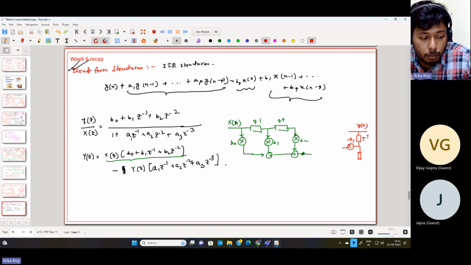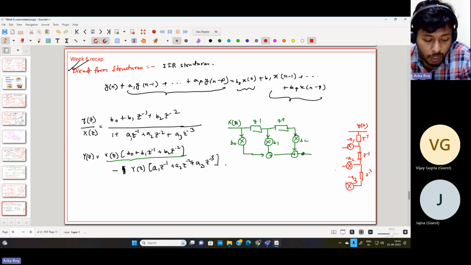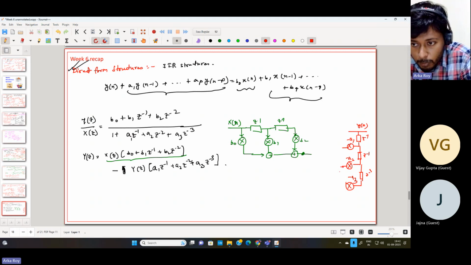Again it would be z to the power minus 1 and multiplied with minus a2. Then it will be z to the power minus 3 and multiplied with minus a3. And then we can take the summation. That means we'll be using adders.